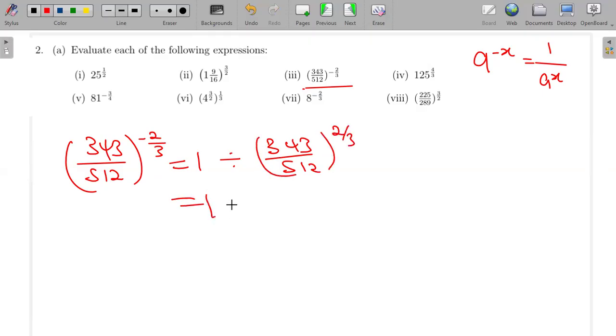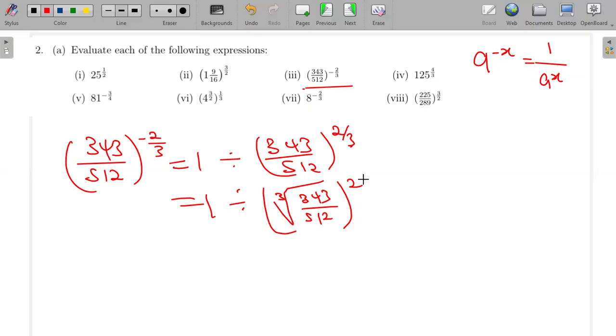So this will become 1 divided by, and the bottom of the power now becomes the root. So here it will be the cube root of 343 over 512, and then I'm raising all of this to the power 2. So what is going to happen there?